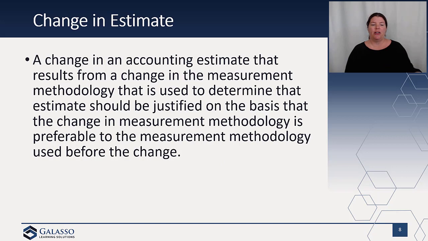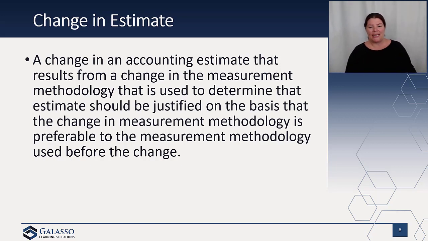And in this scenario, a change in accounting estimate, again, this is a change in measurement methodology, has to be justified on the basis that the change is preferable. So thinking about understandability, reliability, relevance, timeliness. Again, GASB 62 referred to both outputs and inputs, but they're trying to really bring this in here.